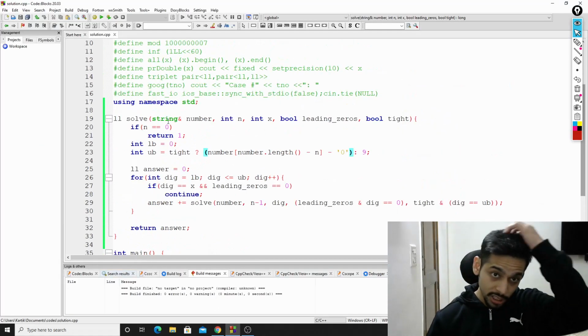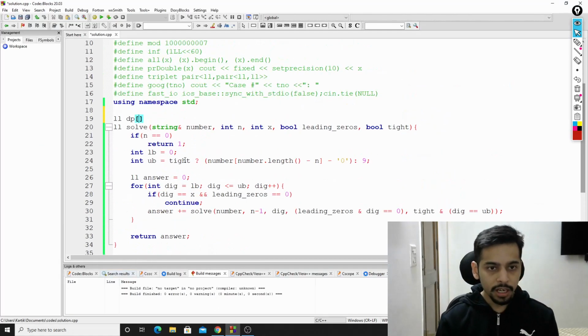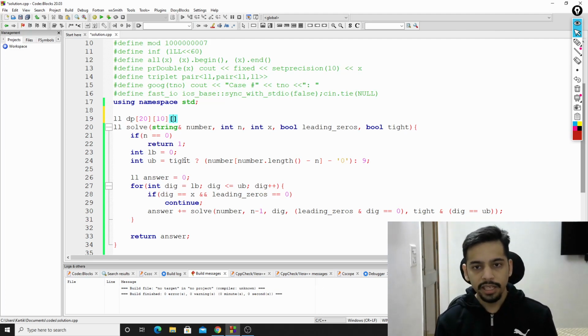Let me just insert the DP table and we'll be done. Let me say long long dp. First is for the number of digits, let me put this dimension as 20. X represents the previous digit, so let me put this as 10 at best. Then we have leading zeros, that is a boolean, so 2. Tight is also a boolean, so 2.